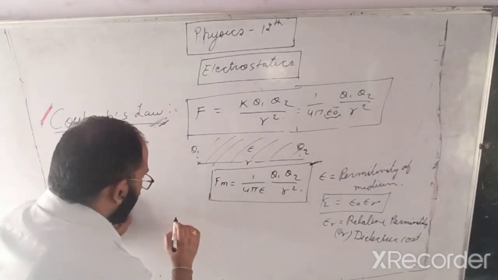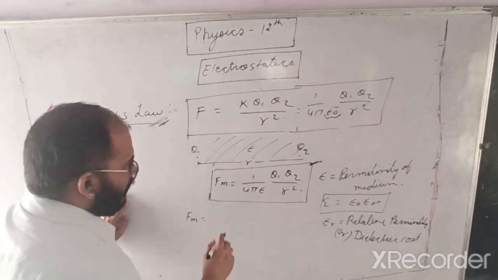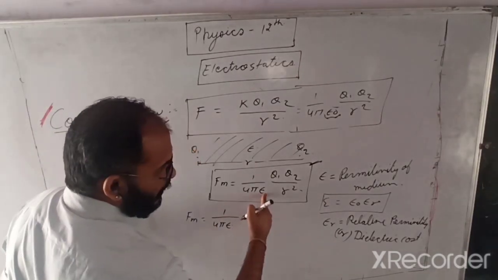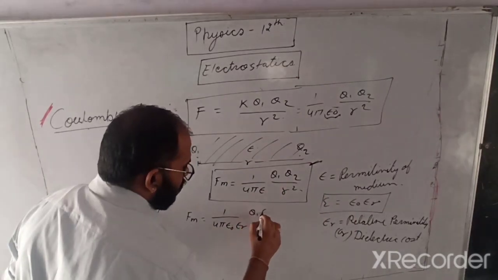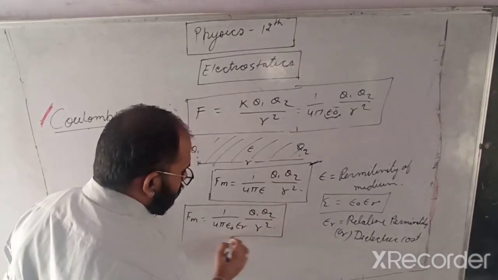Then F_m, the force between the charges in a medium, is defined as 1 upon 4 pi epsilon, where epsilon equals epsilon naught epsilon r, times Q1 Q2 upon R square. ठीक है?